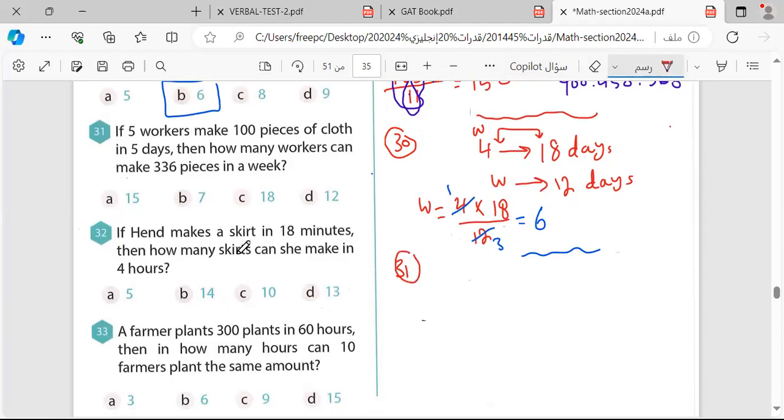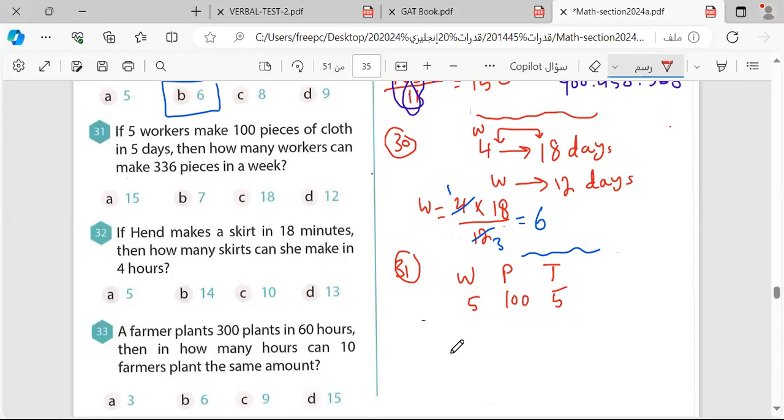31 says 5 workers make 100 pieces of cloth. So we have workers, pieces, and time. So here we write 5 workers, and pieces is 100. The time is 5.